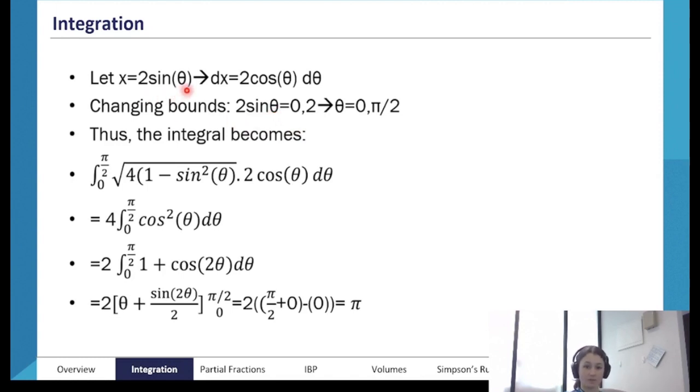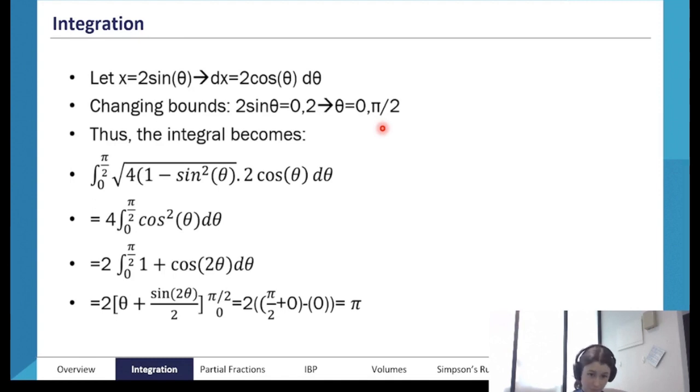Our previous bounds were 2 and 0. So we're going to let 2 sine theta equal 0 and 2 sine theta equal 2. And this gives us that theta is equal to 0 and pi on 2. And this you could get just, of course, by using your table of values or your special triangles.